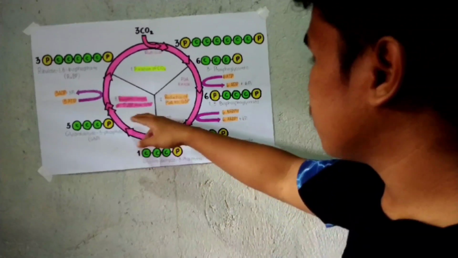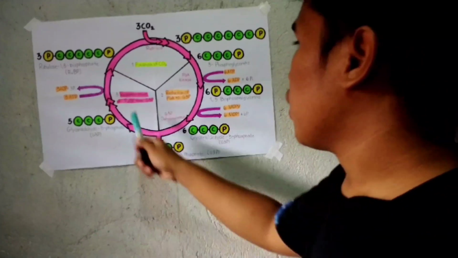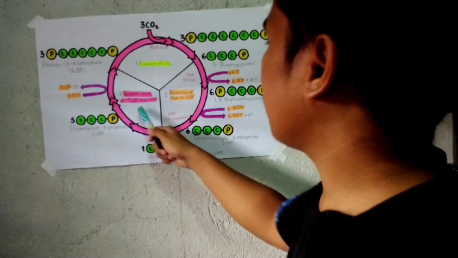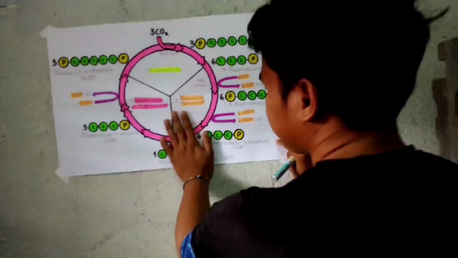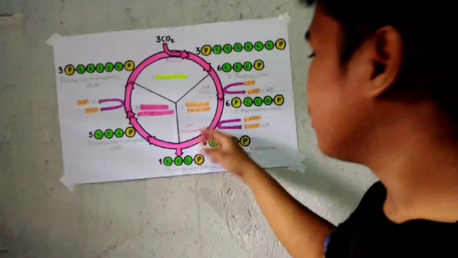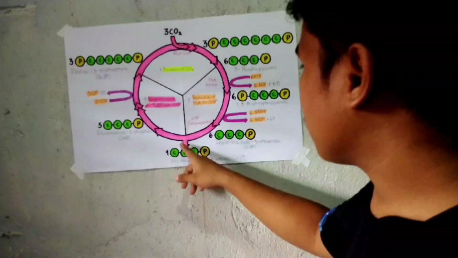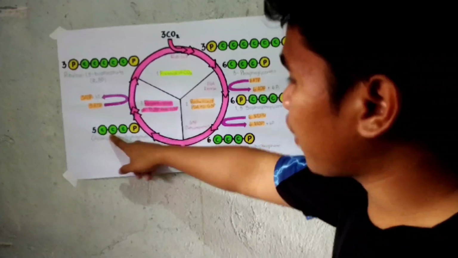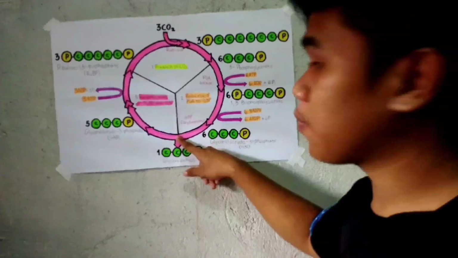The third stage of the Calvin cycle is the regeneration of RuBP from G3P. As I said, of the 6 G3P, one will go down and be used to produce sugar, while the other 5 G3P will continue the process.